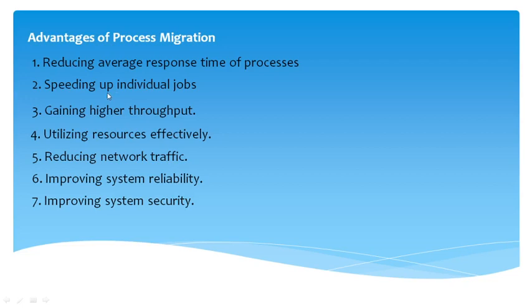And the next is speeding up individual jobs. So process migration facility can be used to speed up the individual jobs' processing speeds. The first method is to identify different nodes of the system to execute them concurrently.